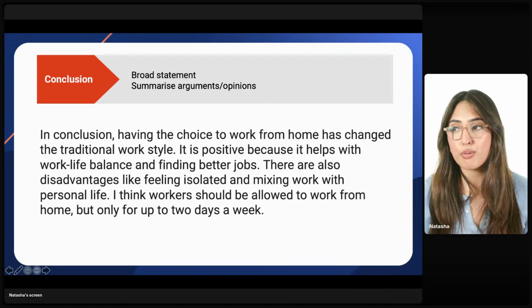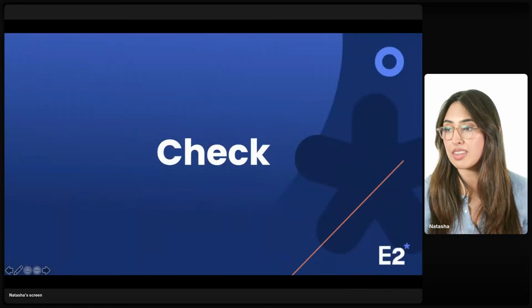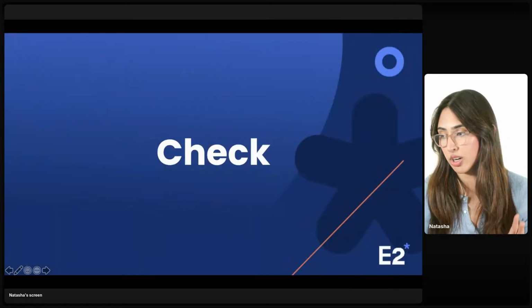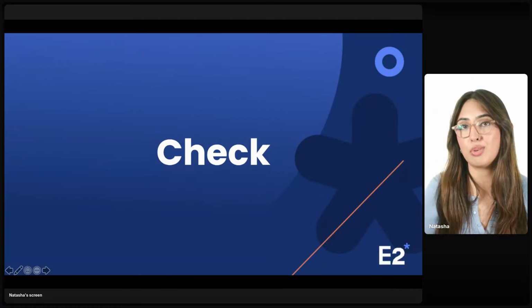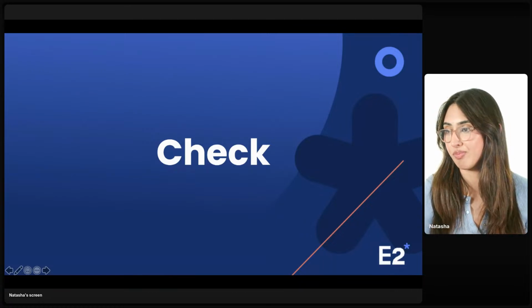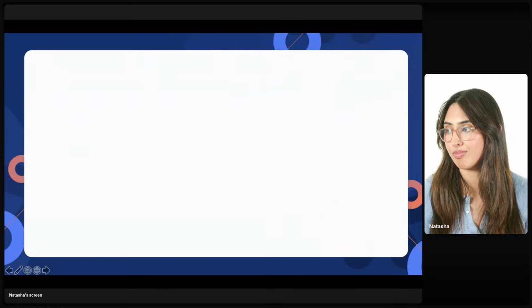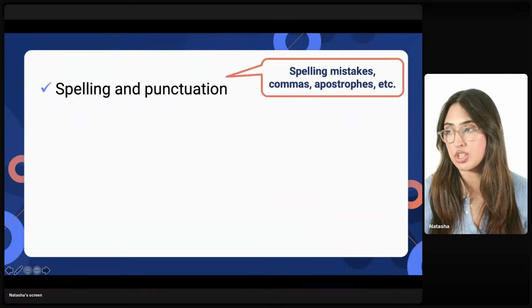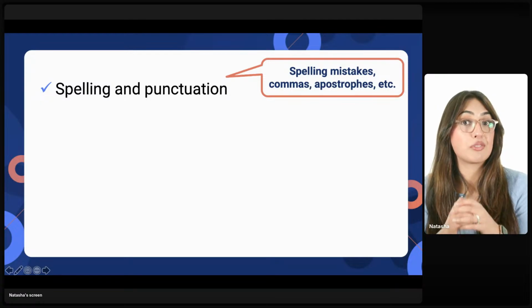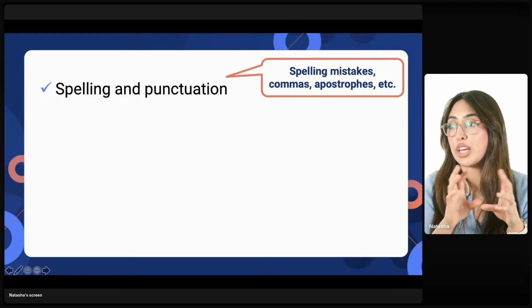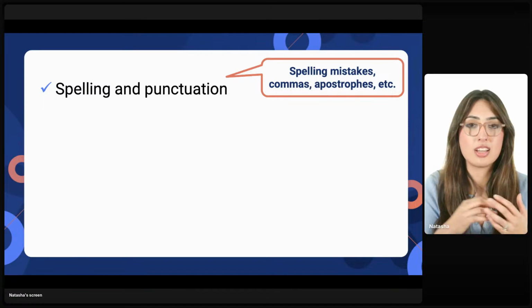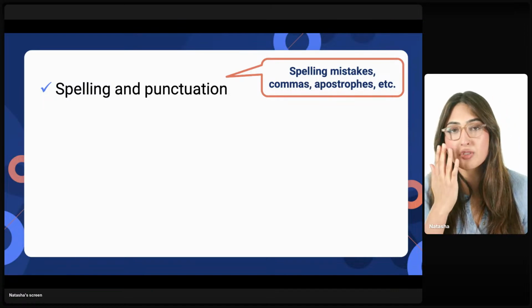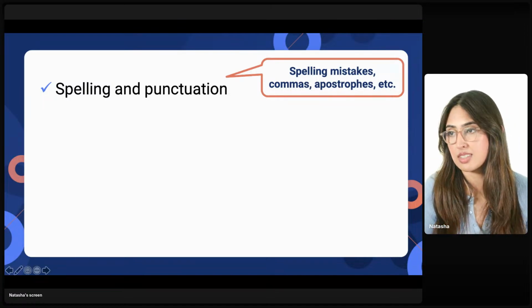Now, before we can move on, it's important that we check our work. And there are a few things that we need to look out for. We need to think about our spelling and punctuation. This means that we're looking for spelling errors, we're looking for places of our commas, our full stops, our apostrophes, those types of things.